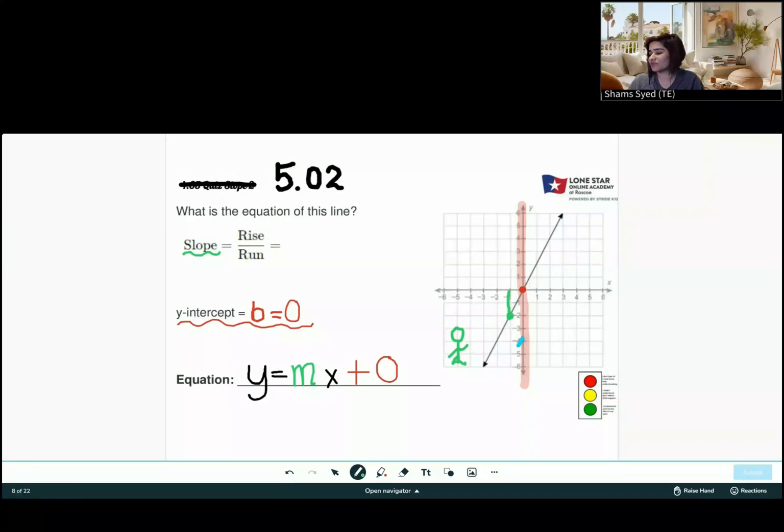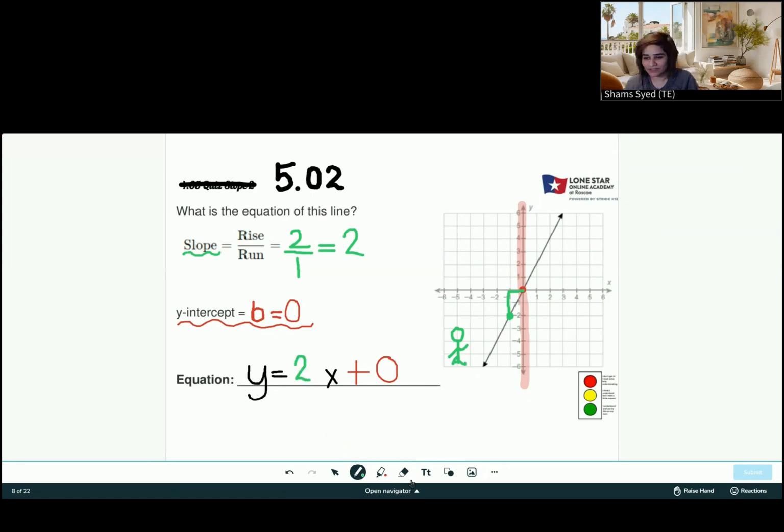How much does the stick person go up? It goes up 2. How much does the stick person go over? It goes over once. Only one, you're right. Slope is 2. So let's replace this m with a 2.